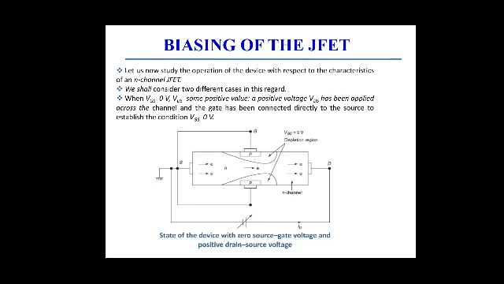From the p side, the holes will move to the n side and recombine with the electrons present there, and the electrons will move from the n side to the p side.